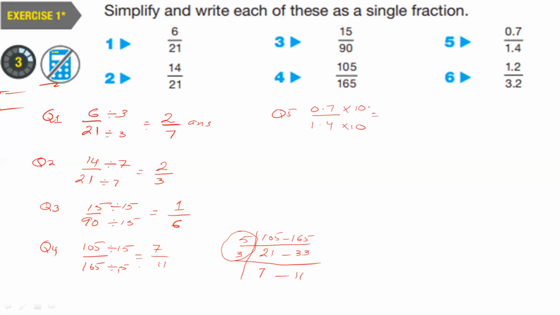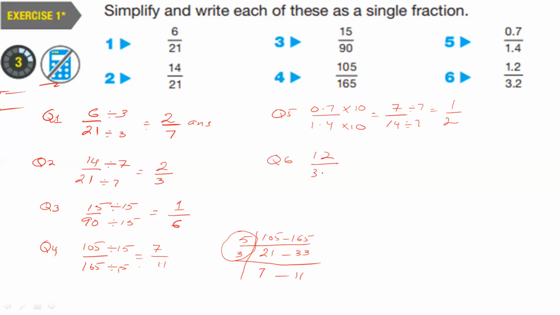We get 7 upon 14. Now we have a very normal and simple way to simplify it. We divide both by 7 and we get here 1 upon 2. Easy?